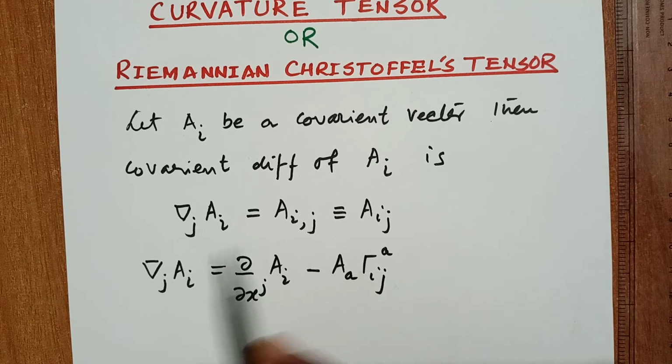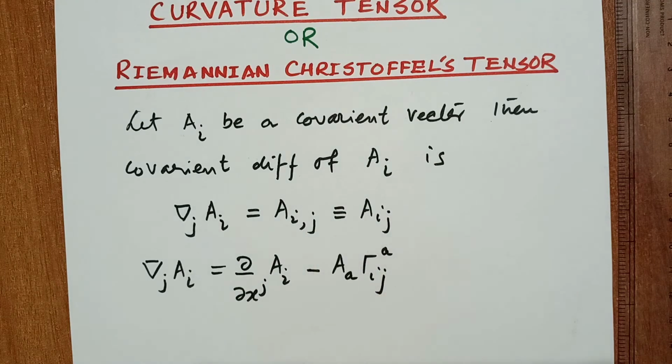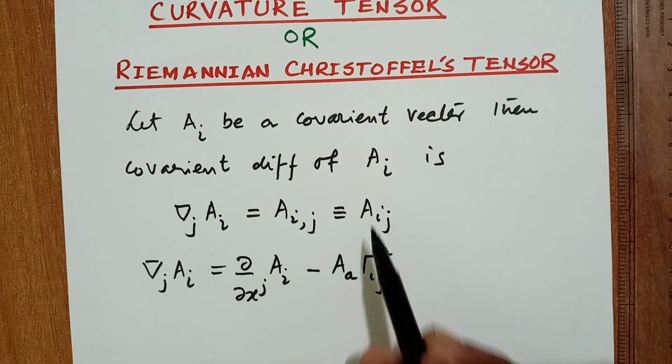We shall use this definition for obtaining the formula of the curvature tensor, with the notation delta_j A_i equal to A_ij.